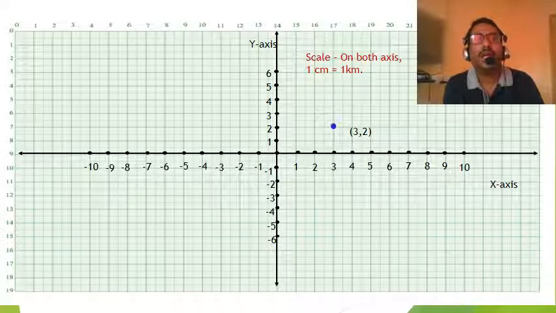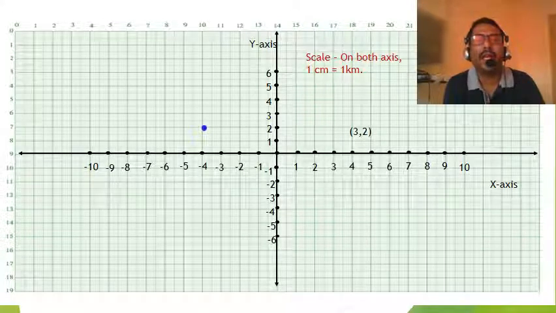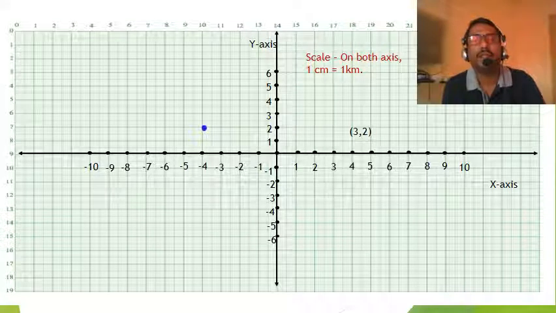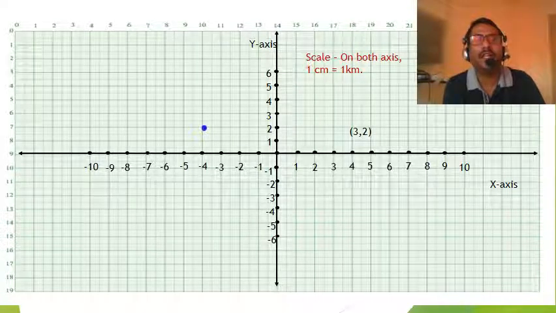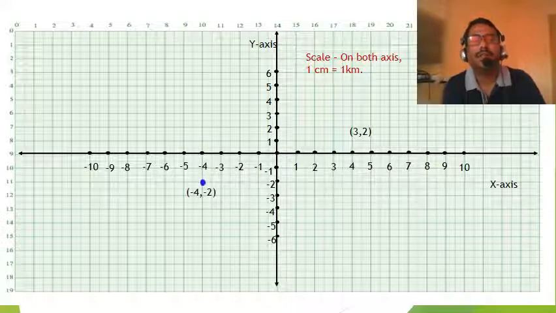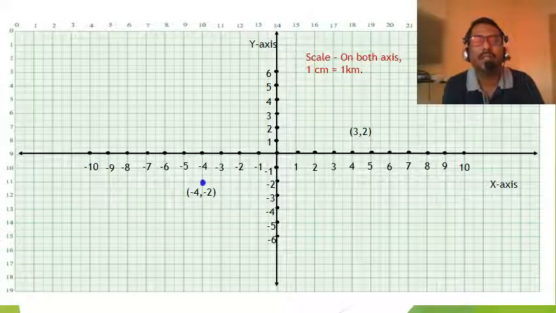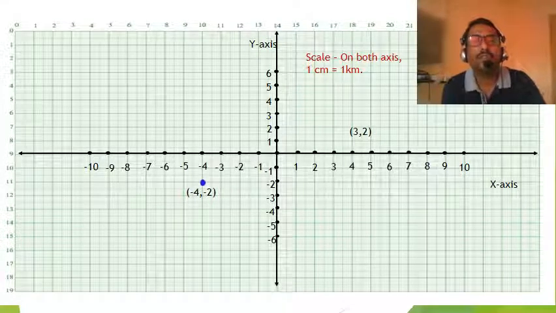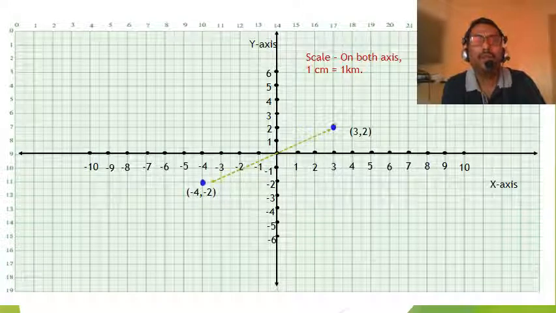Now, as per the given situation, he walked for 8 kilometers, meaning to the left. So this point is shifted 8 centimeters to its left. Then he turned left and walked for 4 kilometers here. So he shifted downwards 4 centimeters.